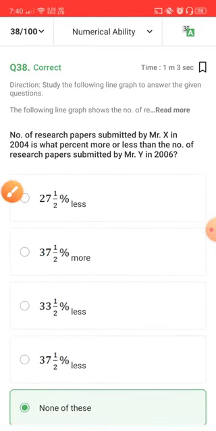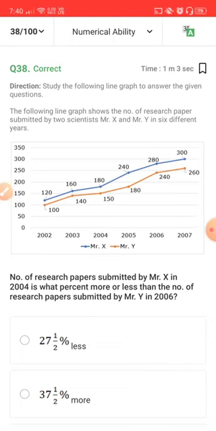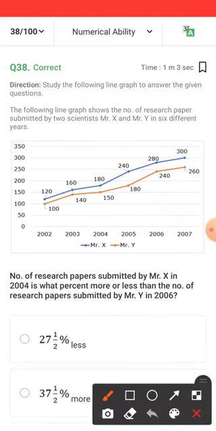The next one. The number of research papers submitted by Mr. X in 2004 is 180. And the number of research papers submitted by Mr. Y in 2006 is 240.